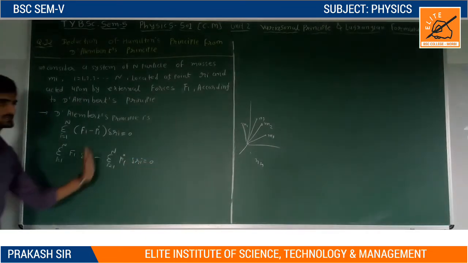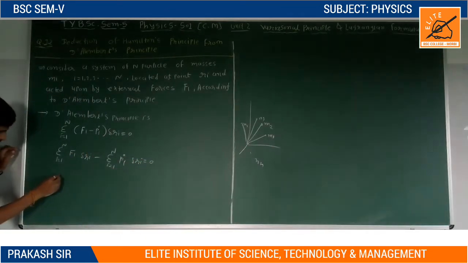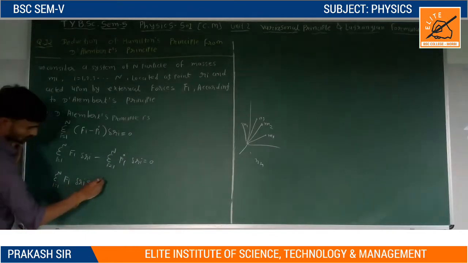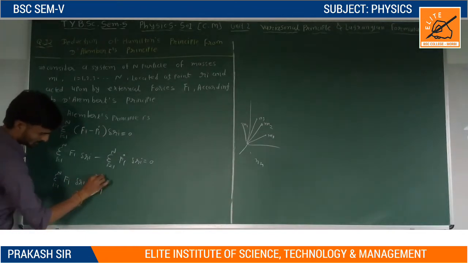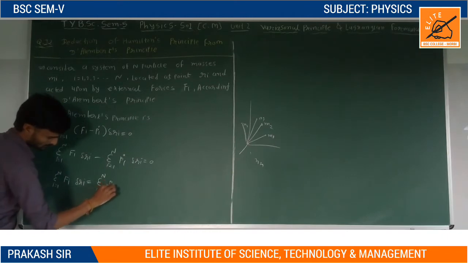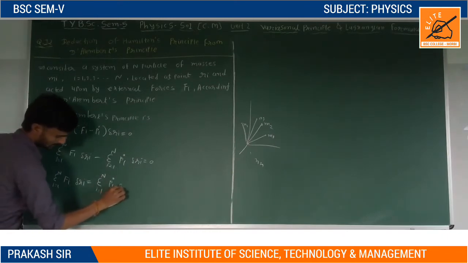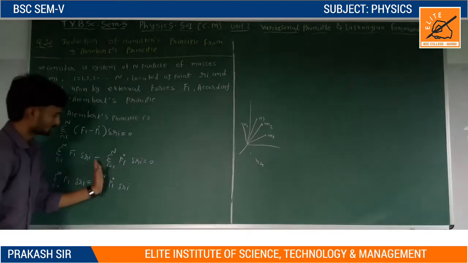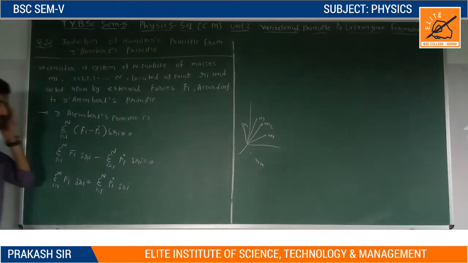Now the minus term goes to the right-hand side. So summation of Fi into delta ri equals summation of pi dot into delta ri.